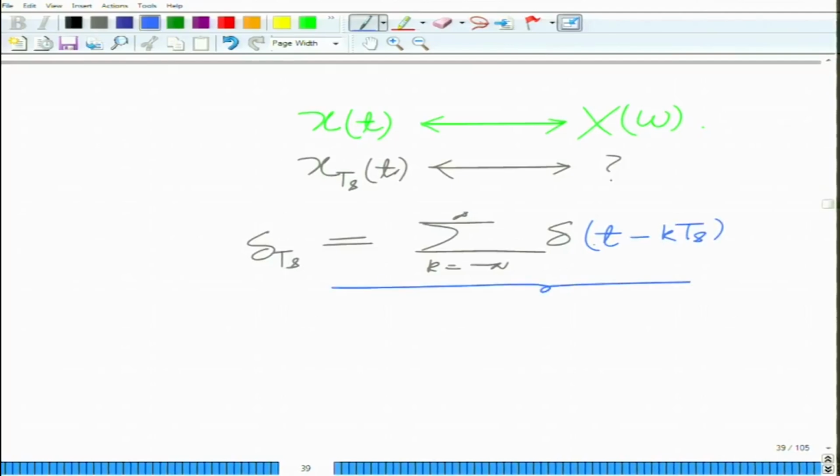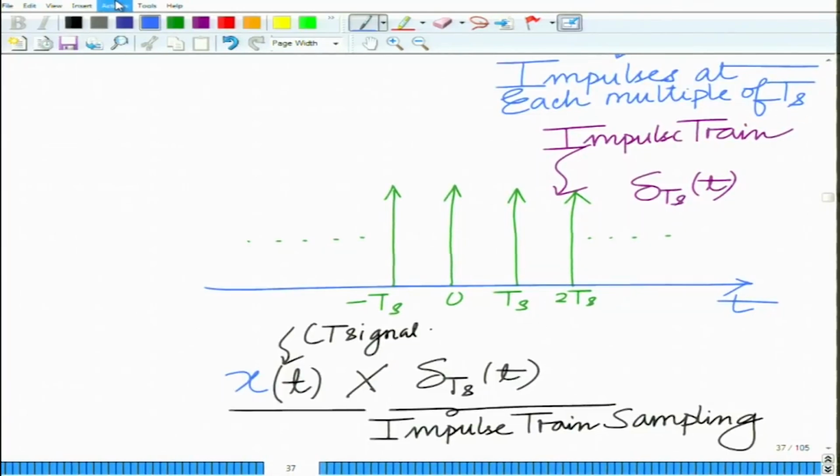Now, you can see this is a periodic signal and the period is nothing but T s. You have one impulse in every interval of T s, after every duration of T s. So, an impulse at 0, T s, 2 T s, minus 2 T s, and so on.